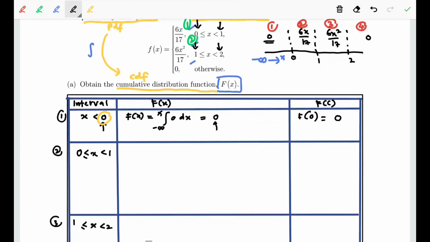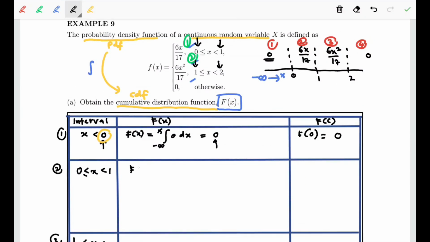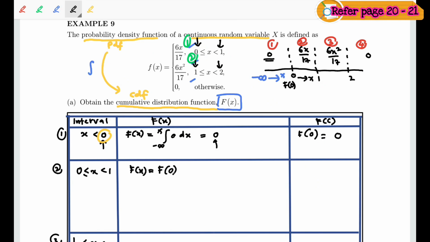Then we are going to proceed with the second interval. The second interval is starting from 0 until x. Since this is cumulative, it should be cumulative from the beginning. So before we start from 0 until x, we should start with F of 0. So F of x is equal to F of 0 plus the integral from 0 until x of the function 6x over 17 dx.